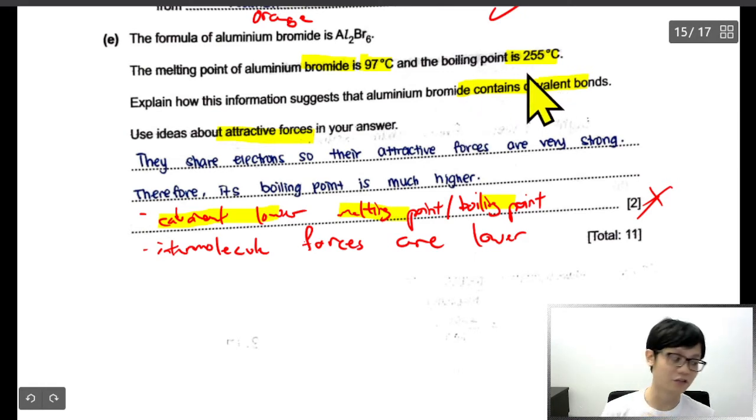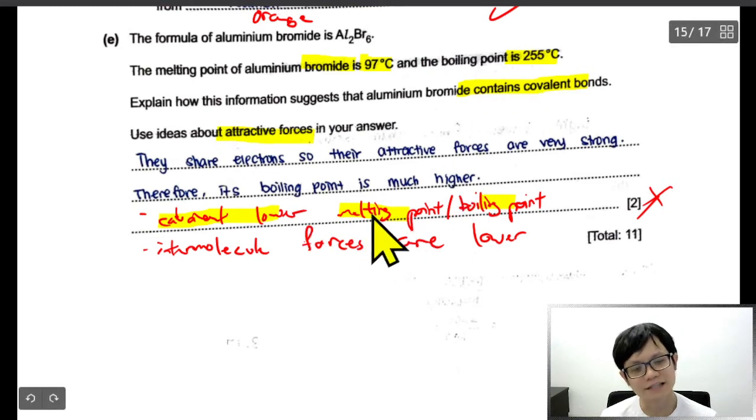It's very difficult to melt sand, for example. But this is actually not a good answer lah, because it is a very subjective answer. He says covalent has a lower melting and boiling point compared to ionic bond. So yes, you can say like that.